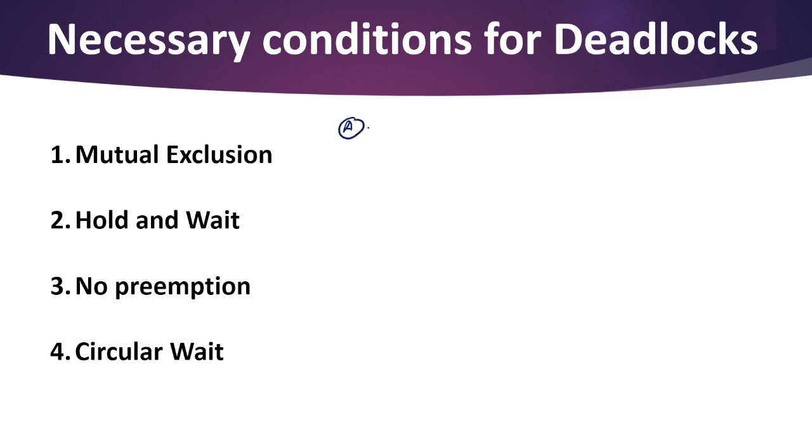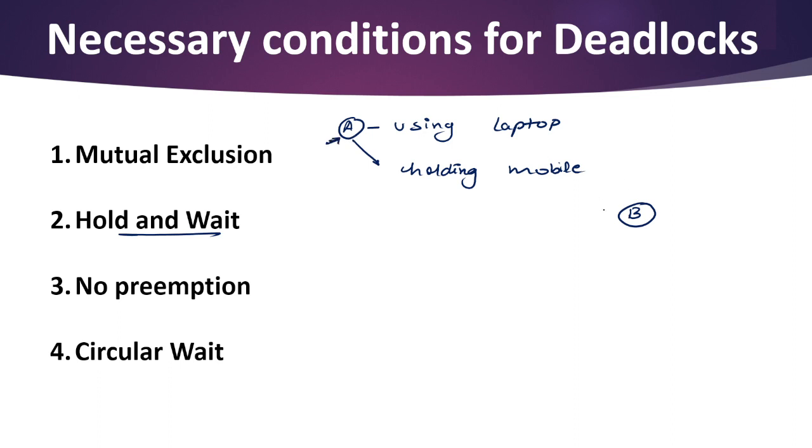Person A is using my laptop right now. Okay, and at the same time person A is holding my mobile too. That is the hold and wait situation. And I am person B. I am waiting for person A. I am waiting for this person A to release my mobile as well as to release my laptop so that I can work.